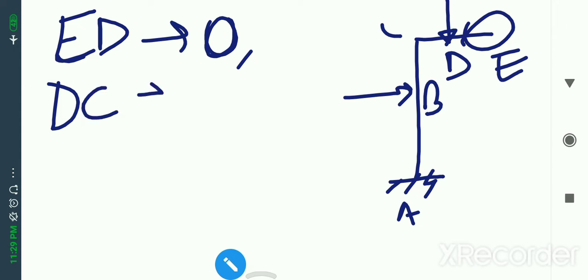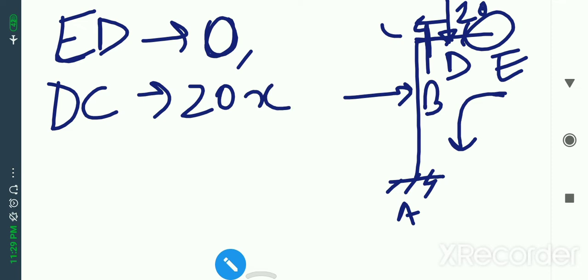Similarly for part DC, at any point X, what is the value of moment? This load is 20 kilonewton. So if we go from point E, D, C, B, we cover in this manner. We can see that in part DC, at any distance X from D, the value of capital M will be 20 into X. It is actually clockwise, so let us assume clockwise as positive. So the value of capital M is 20x. Similarly in part DC, DC we have covered.